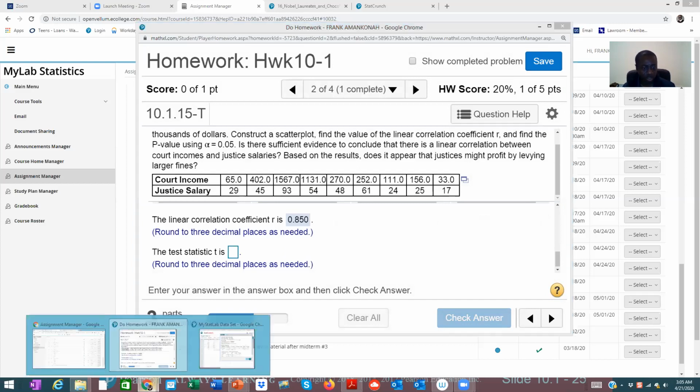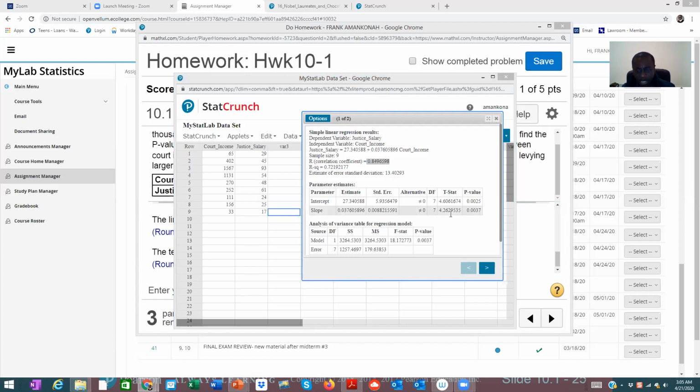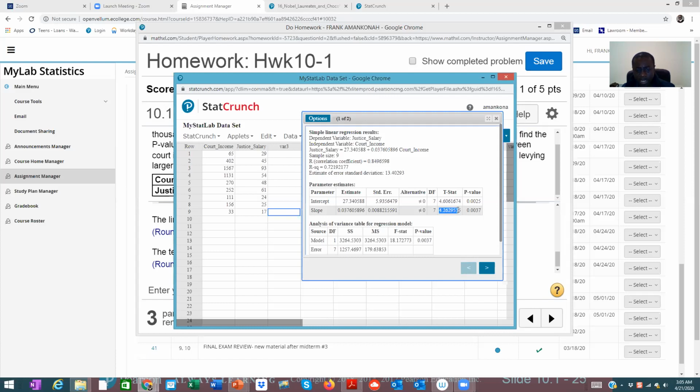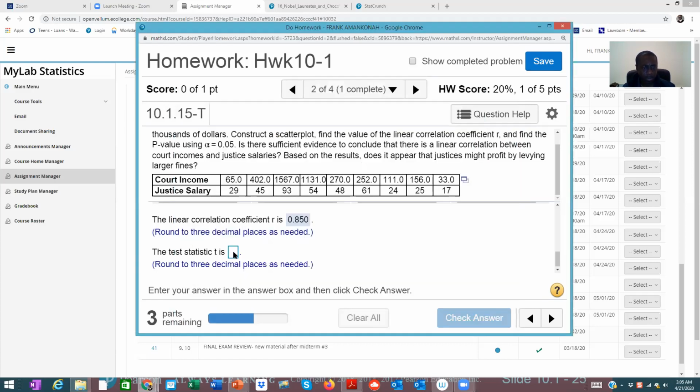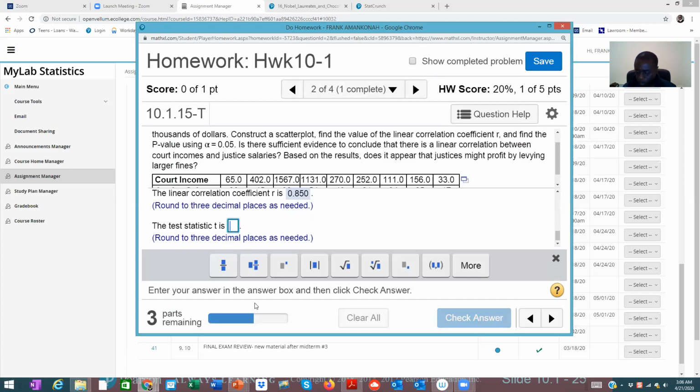Then what's our test statistic? Let's go to show the test statistic again, which is that. So the test statistic is 4.263, to 3 decimal places.